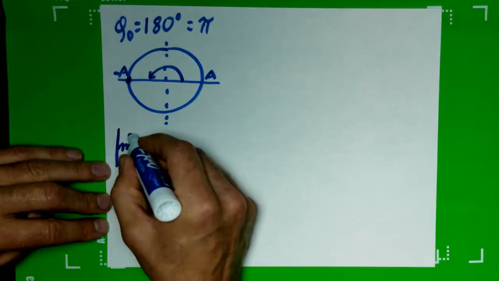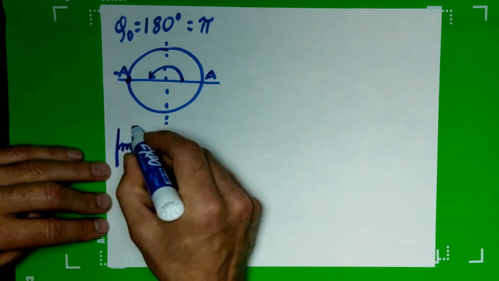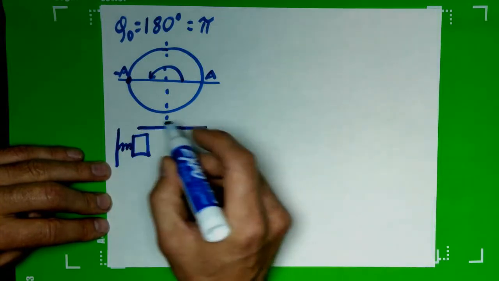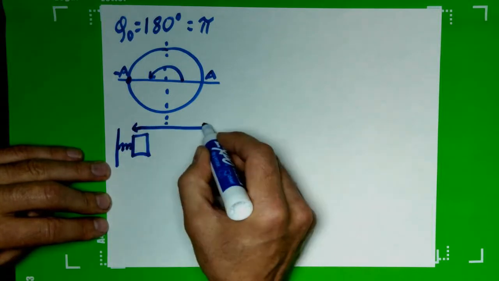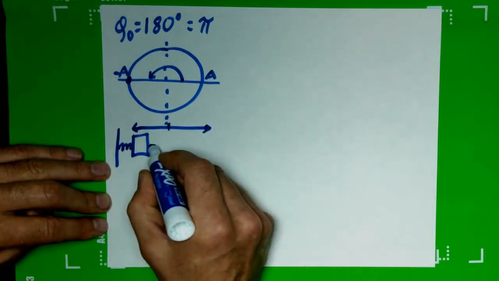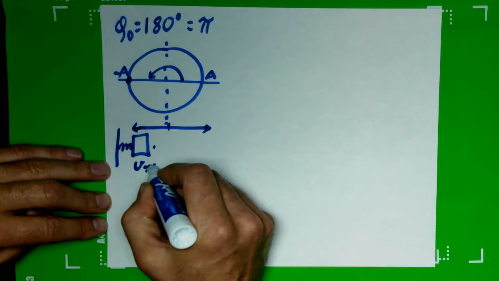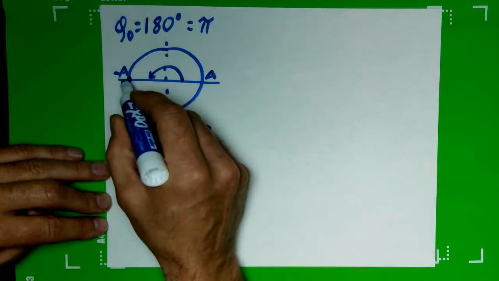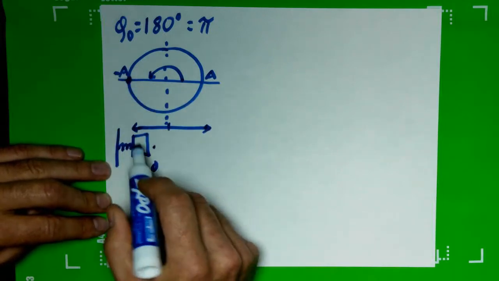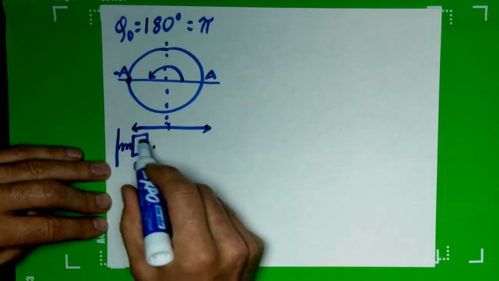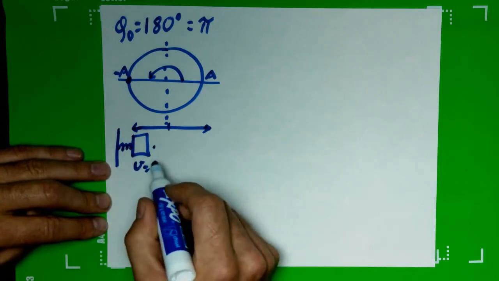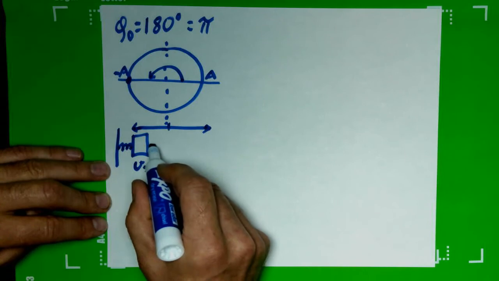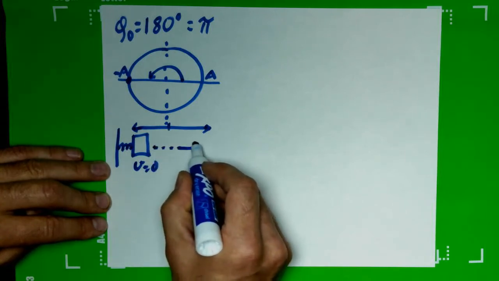And so we're starting right there, and we're continuing to move forward, which means on our mass, the spring's really compressed at negative A, and it's at zero speed, so velocity equals 0. At that moment it doesn't have any velocity along the x direction, but it's accelerating that way. It's turning around to go that way. So it's about to, I'm going to put a dot, dot, dot, and then a straight line.